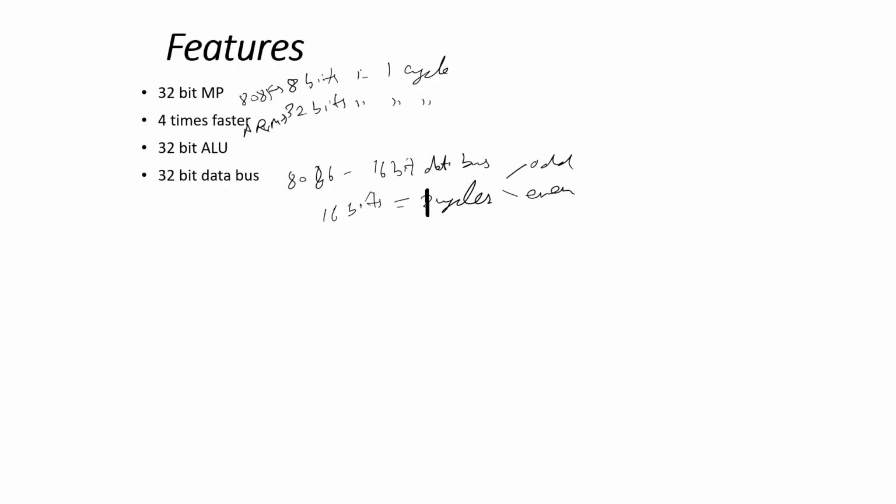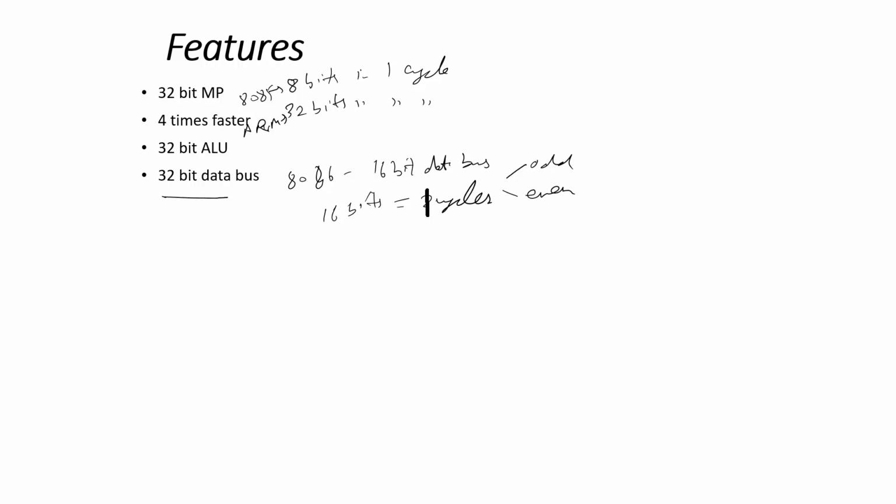Now in case of ARM processor, the data bus is 32-bit, but in one cycle we can process 8-bit. So if we want to process 16 bits in one cycle, then we need a data bus of longer bits. Now here we have to process 32 bits in one cycle.